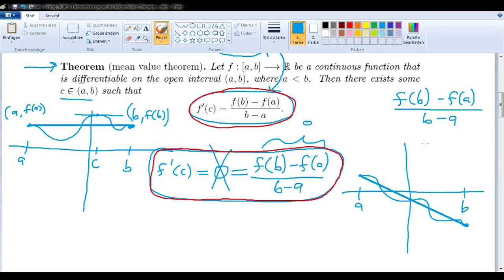And the mean value theorem is telling us that we can find a point c, and maybe this is a good example here, we'll call that c, where the slope at that point is exactly parallel to the line that we talked about before between (a, f(a)), so this point here, and this point here, which is (b, f(b)).